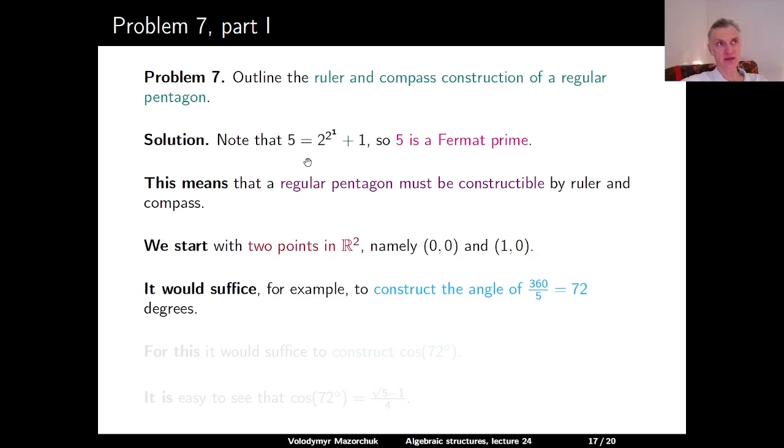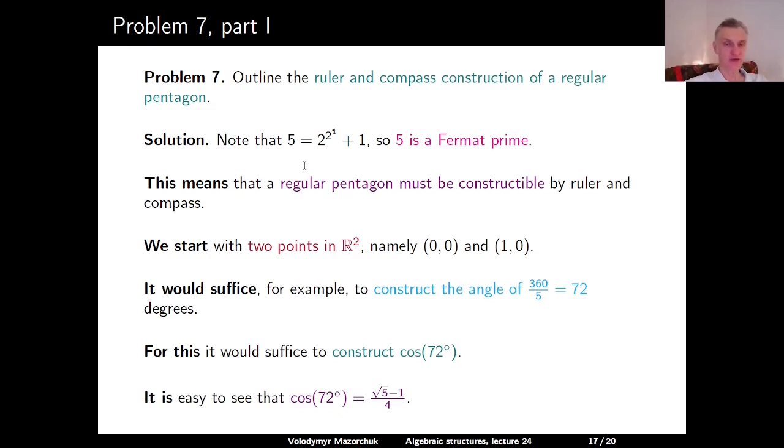That's exactly the angle between the origin and the 2 consecutive vertices of a regular pentagon. And if you want to construct an angle, it's enough to construct its tangent or cosine or sine. So we will construct cosine, and it is very easy to see that cos of 72 degrees is equal to (root 5 minus 1) divided by 4.